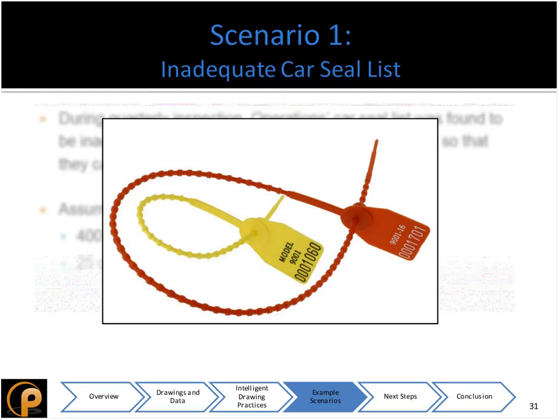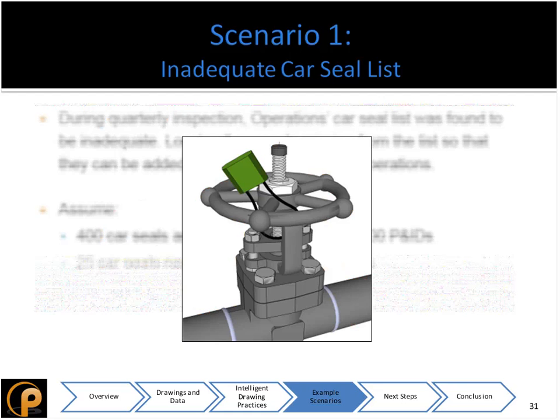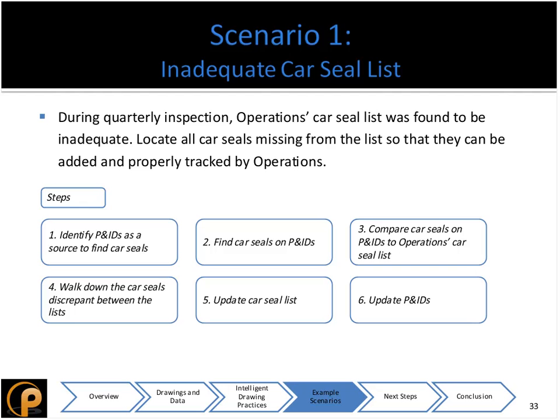If you don't know what a car seal is, kind of think of maybe a zip tie that you can attach to a valve handle and make someone think twice about turning that valve. So what steps would you use for this scenario?